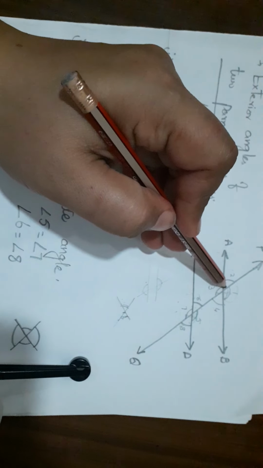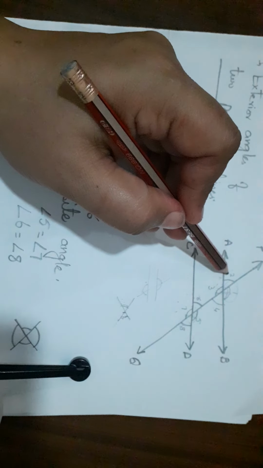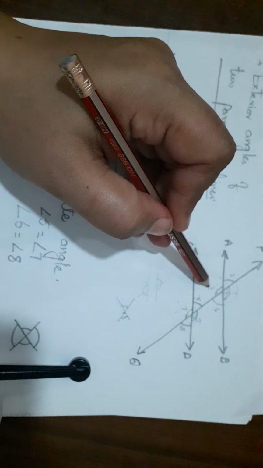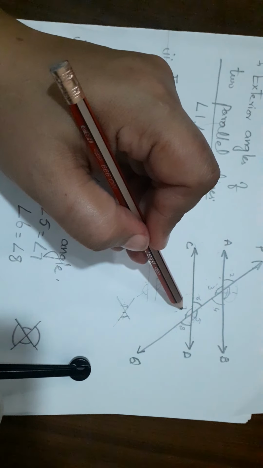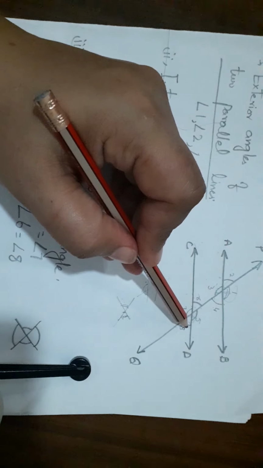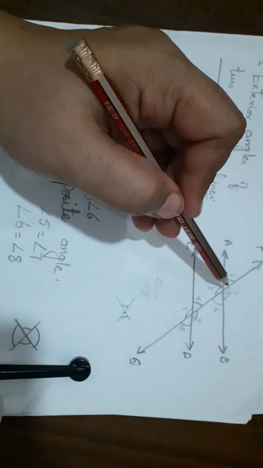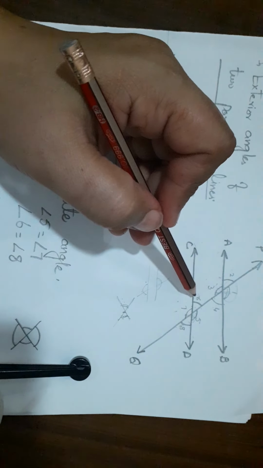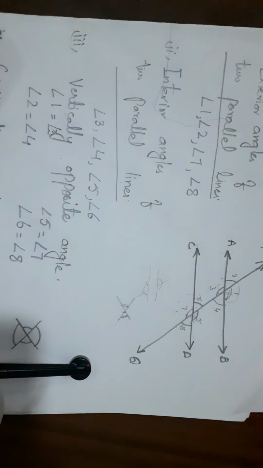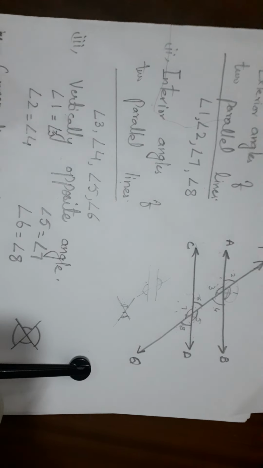So yes class, corresponding angle: angle 1 equals angle 5, the first angle of line AB and the first angle of line CD. Then the second angle of line AB and the second angle of line CD. Then the third angle of line AB and the third angle of line CD. Then the fourth angle of line AB and the fourth angle of line CD. So angle 1 equals angle 5, angle 2 equals angle 6, angle 3 equals angle 7, angle 4 equals angle 8.